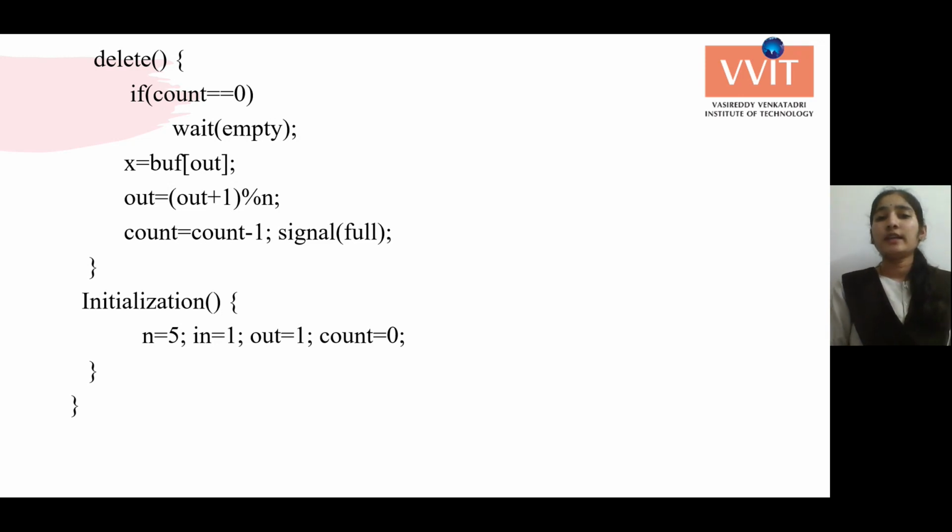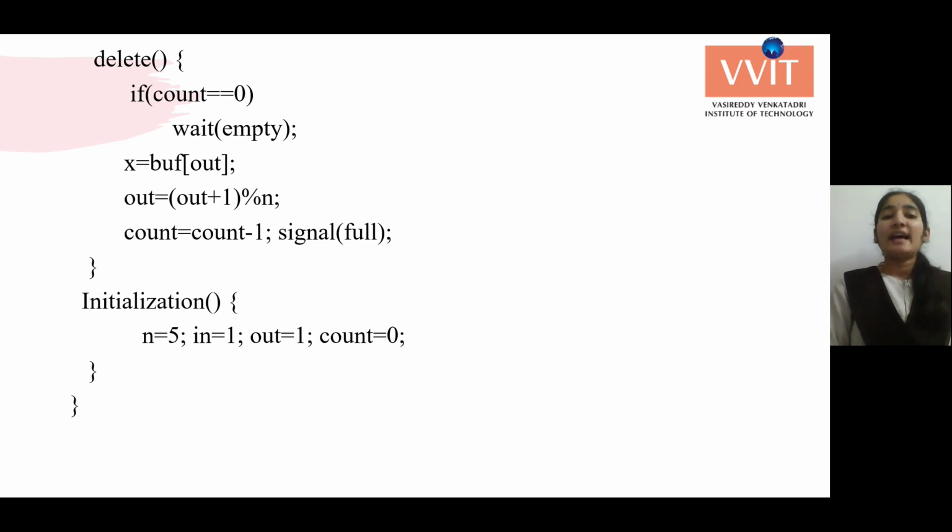Next, here also we remove the item into the x variable and we increment out, meaning the index position, and then count. We are decrementing count here. If one item is removed from the buffer, then the number of items decreases. Signal of full: the buffer is no longer full, so the producer can produce again.